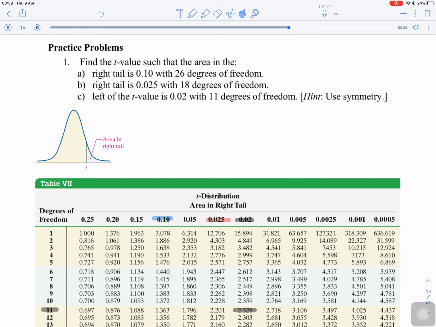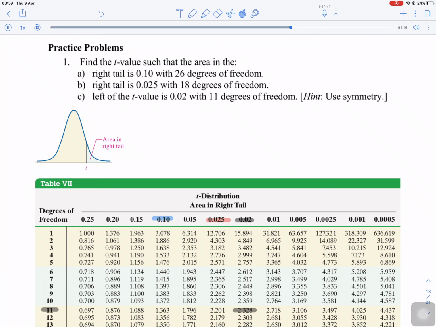Now, remember the t distribution is similar to the standard normal distribution. That means the t distribution is symmetric, centered around 0. So values to the right of 0 are positive, values to the left are negative.